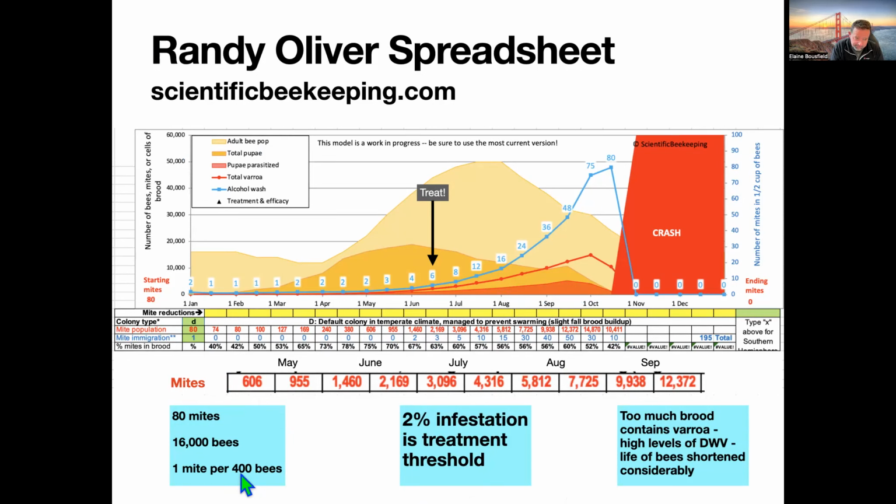And if we just roll it forward through the year, you can see these kind of mite numbers. So it's getting to a point in the autumn time with 7,000, 9,000, 12,000 mites. They're going to crash and die. And if they don't die before winter, they'll be dead in the spring.